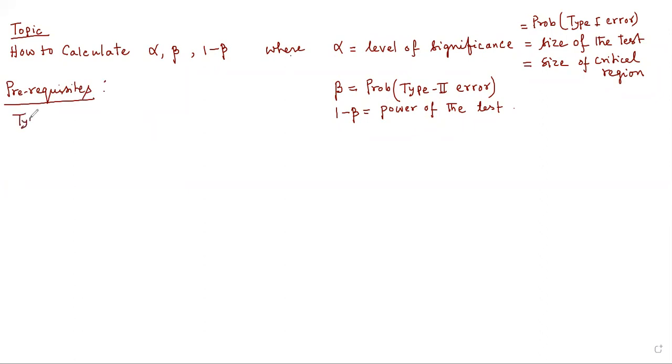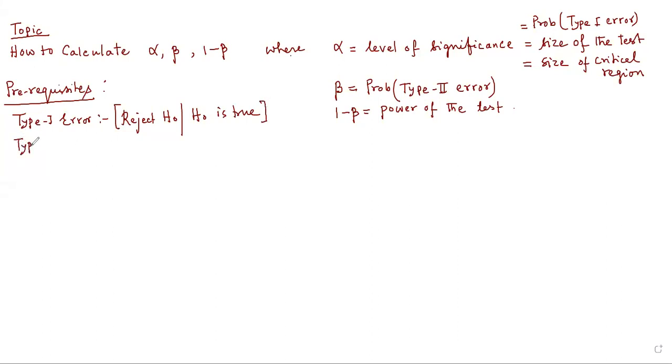Type 1 error means reject your null hypothesis given that your null hypothesis is true. That is called type 1 error.